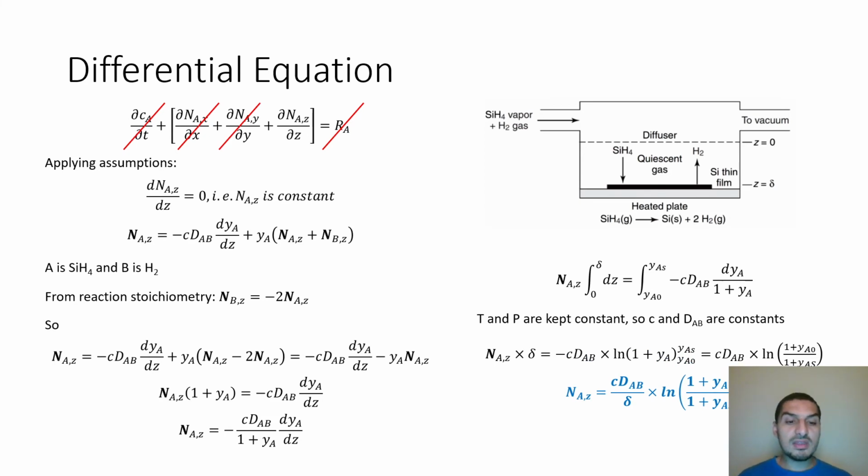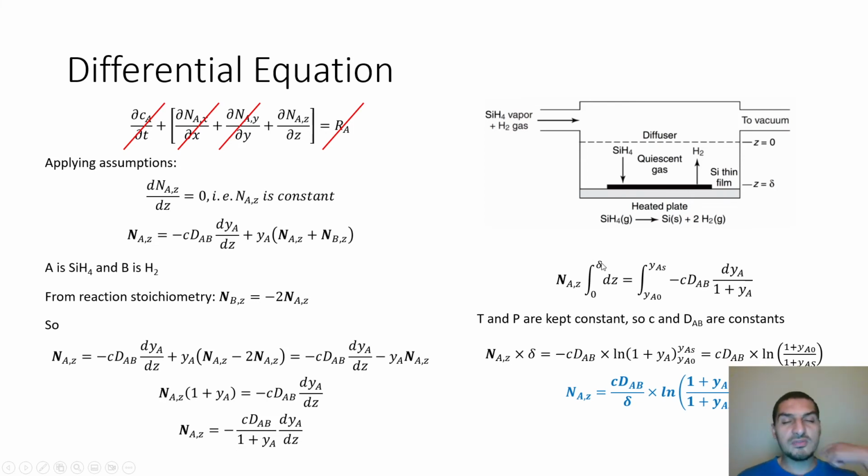But if I want to get the concentration or the mole fraction at any distance, then I have to do something with the boundary conditions. So I'm going to start with 0 and YA naught. And this is where the diffusion starts, and I'm going down, but I'm not going to go to delta. I'm going to go to any value of z.